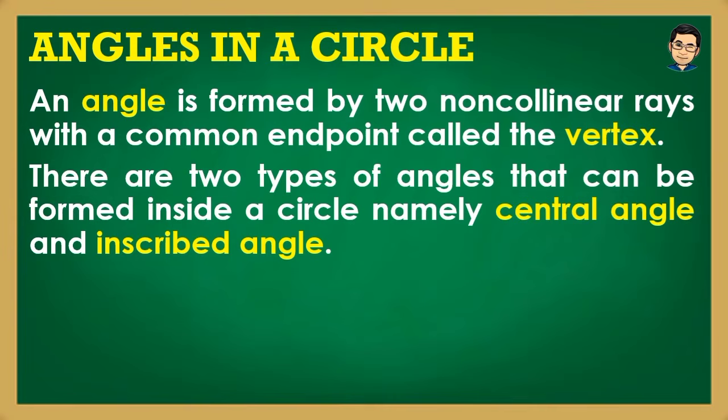So, kung aware kayo dun sa mga types ng angle, yun yung mga right angle, obtuse angle, acute angle, straight angle, reflex angle. Okay? So, itong central angle tsaka inscribed angle na yan, kapag dinraw natin yan sa loob ng circle, mapo-form dyan yung mga sinabi ko kanina, yung mga right, obtuse, acute, and then yung reflex. Pwede rin. Okay?